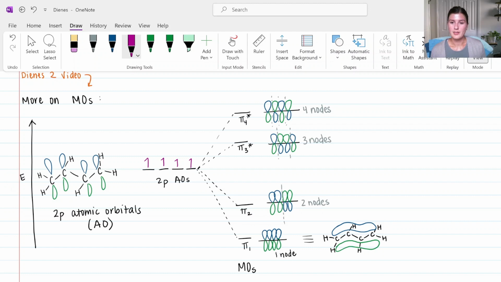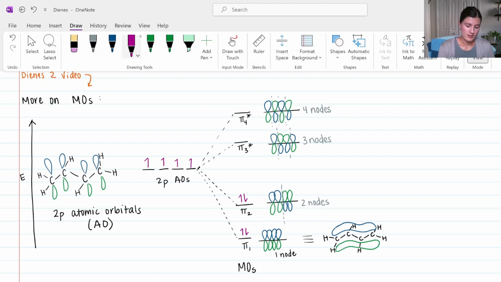We will fill molecular orbitals from lowest energy to highest energy first, and electrons in the same orbital cannot have the same spin, so we put 2 electrons in pi 1, one represented with spin up, one represented with spin down, and then 2 electrons in pi 2, one represented as spin up and one represented as spin down.